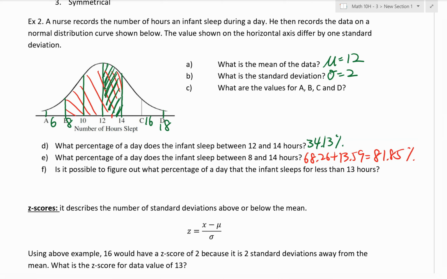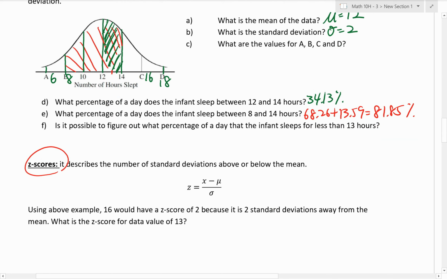What we actually need is to introduce Z-scores. So what is a Z-score? It says a Z-score describes the number of standard deviations above or below the mean. That makes sense, right? If the Z-score is, let's say, 1.3, it means we're looking at 1.3 standard deviations above the mean.